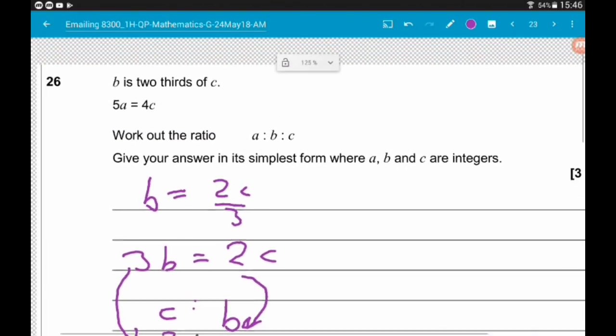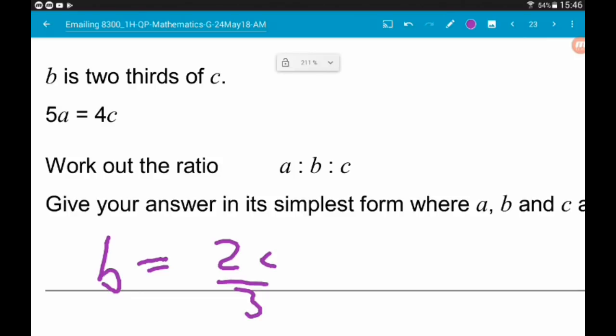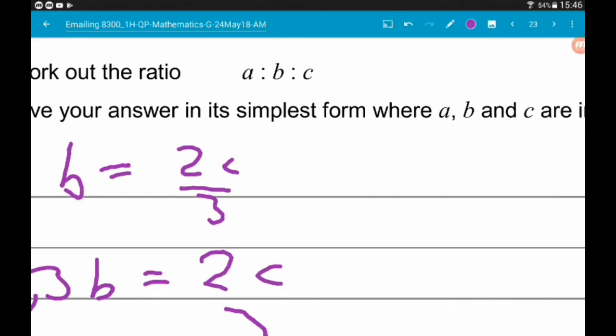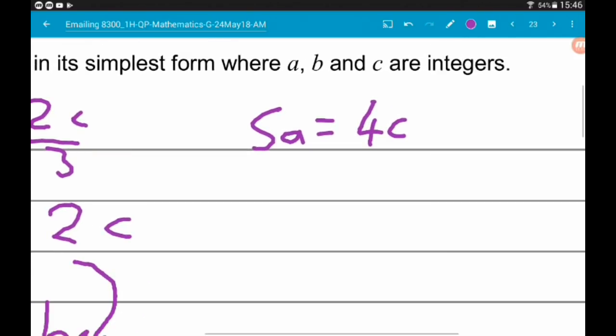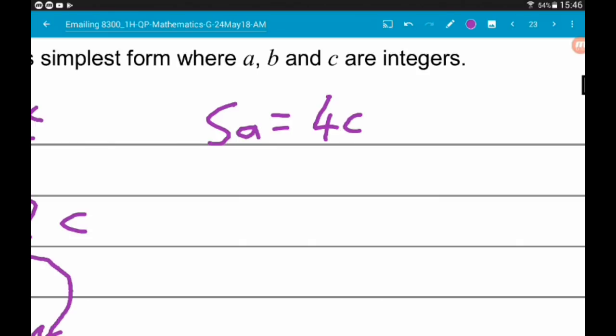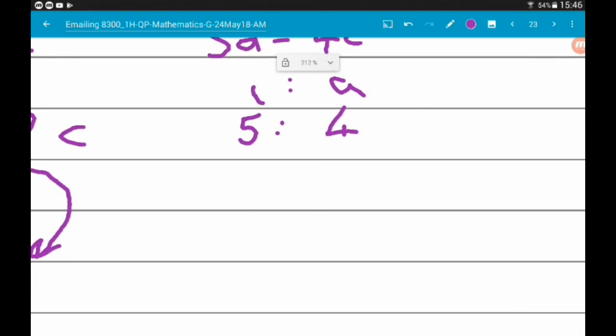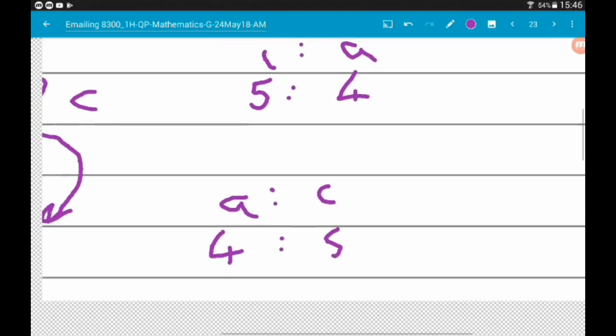Okay, so now we're going to do the same thing with 5A is equal to 4C. Underneath the equation, we're going to say C to A is 5 to 4, or A to C is 4 to 5.